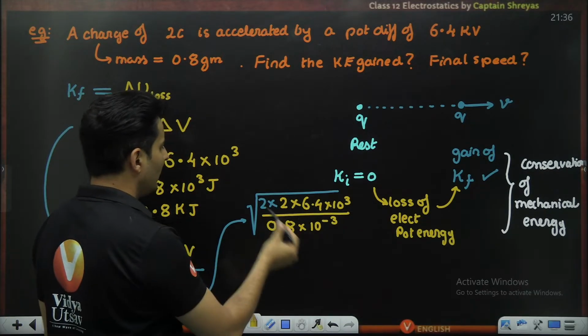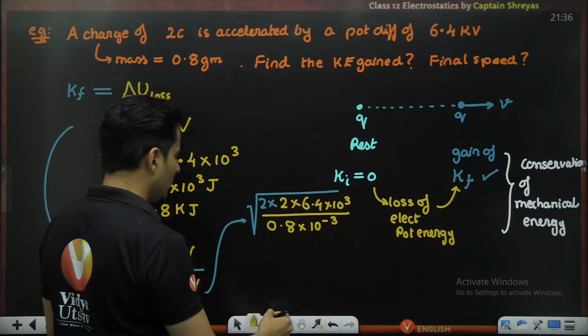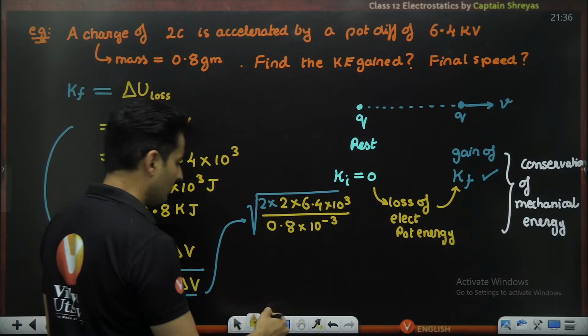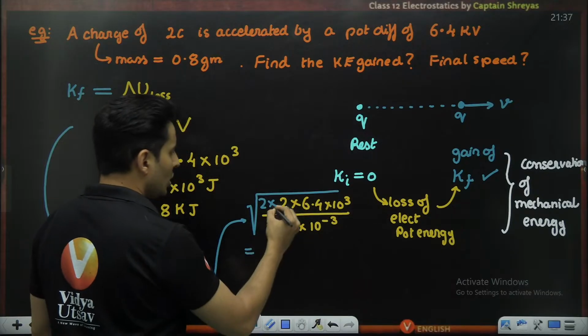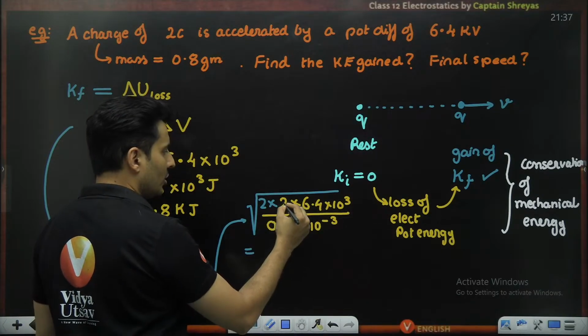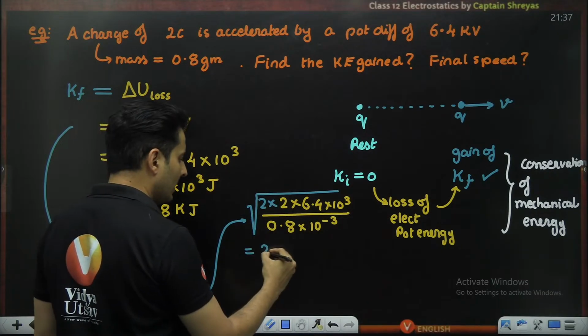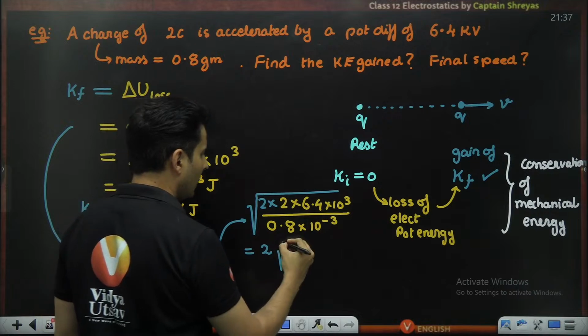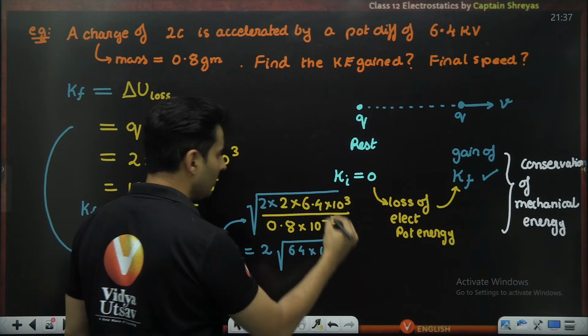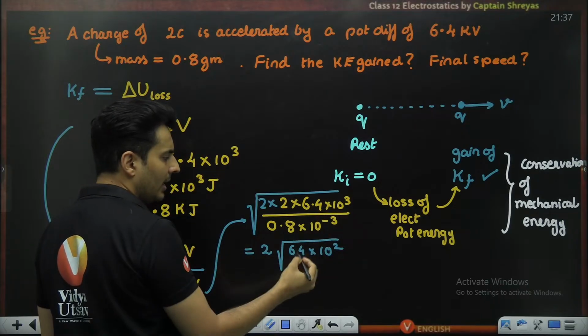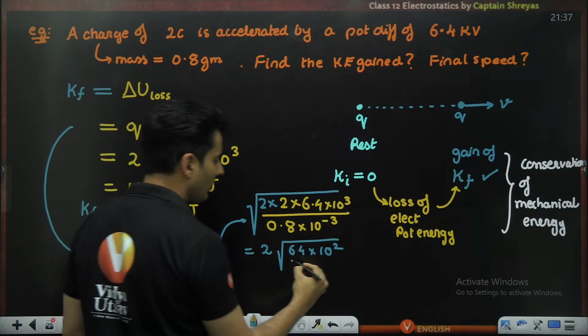Okay, so what will happen is this 2 and 2 will cancel, or okay, I will do it step by step only, not a big deal. So 2 and 2 will come outside. It will become just the number 2. Okay, 6.4, I can write it as 64 into 10 to the power 2. Nothing wrong in that. Deliberately I did it because I know 64 is a perfect square.